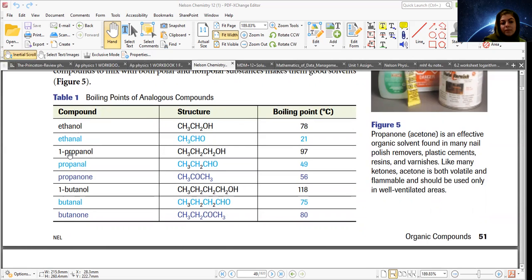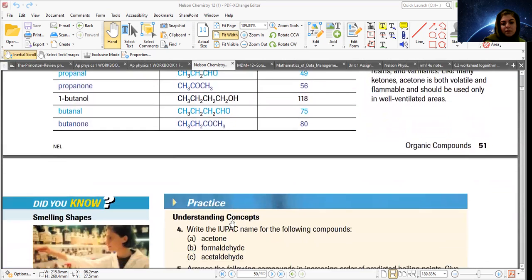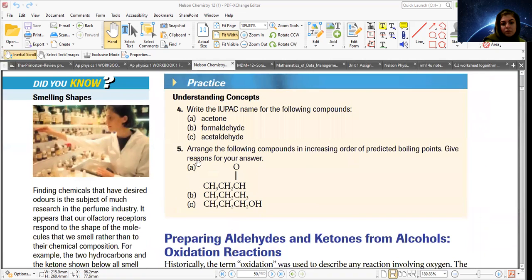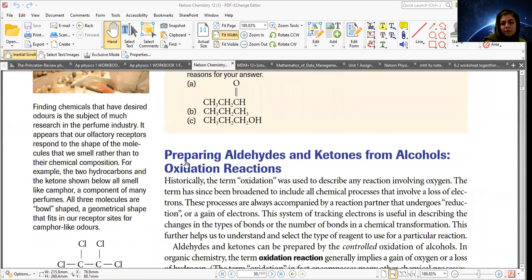Same thing, alcohol and aldehyde, the boiling point is much bigger than the aldehyde. Same thing for propanol and butanol. You can compare them. So you do questions number 4, 5.